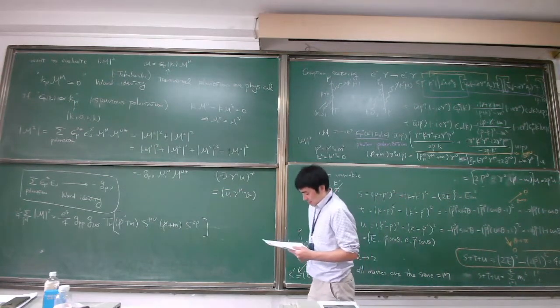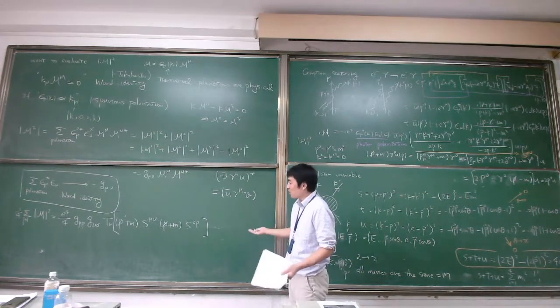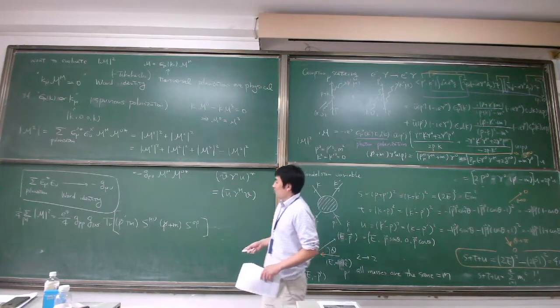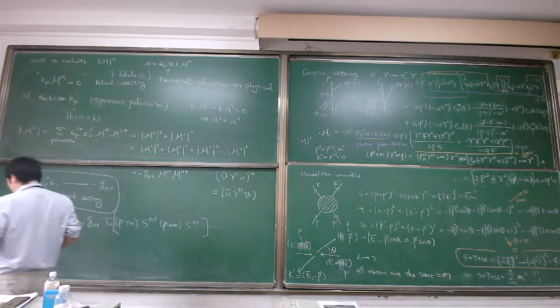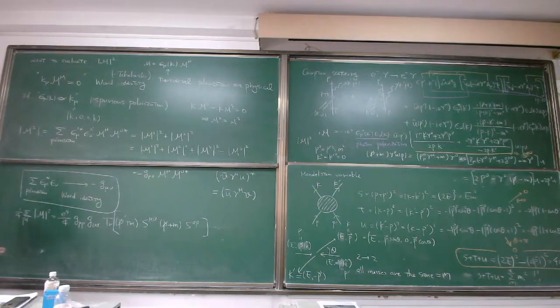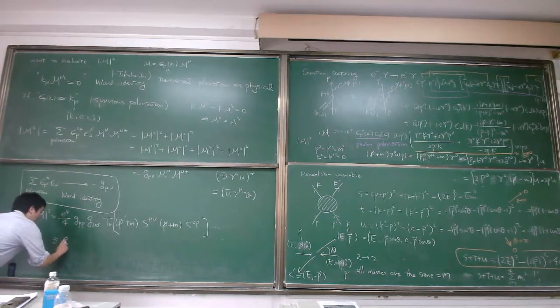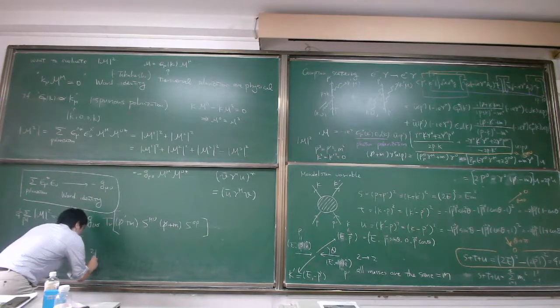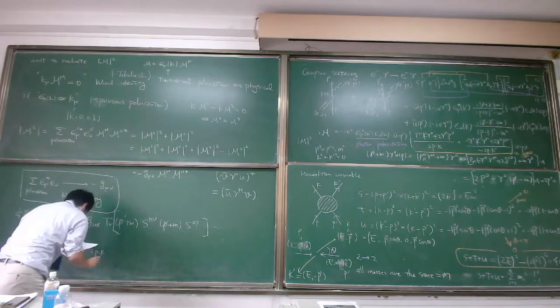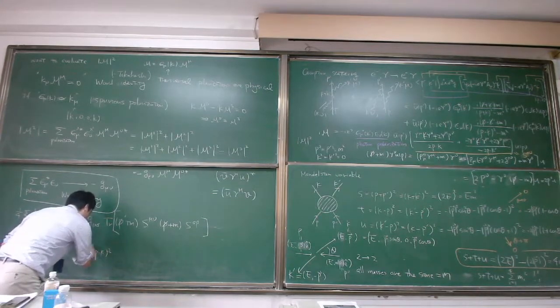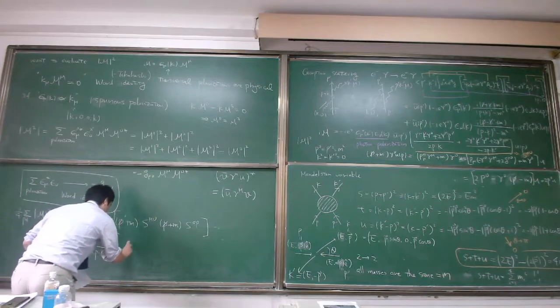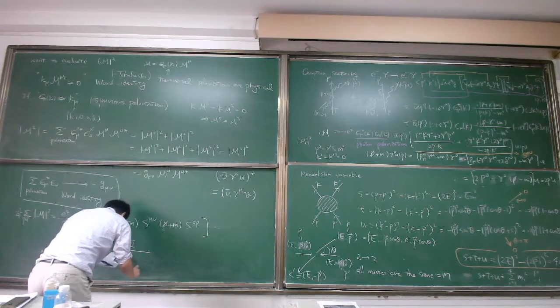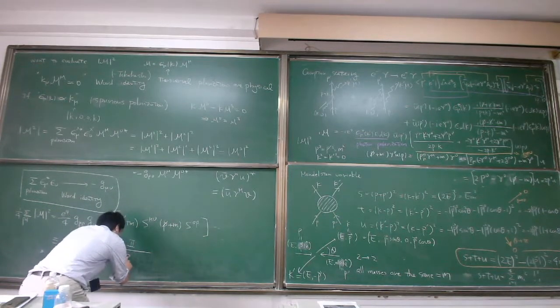Okay, good. Then you just do the computation. What we have is that we can decompose this one into four pieces. Unfortunately, as a physicist, you have to do lots of this kind of tedious computation. If you don't like to do that, it's better not to study physics.